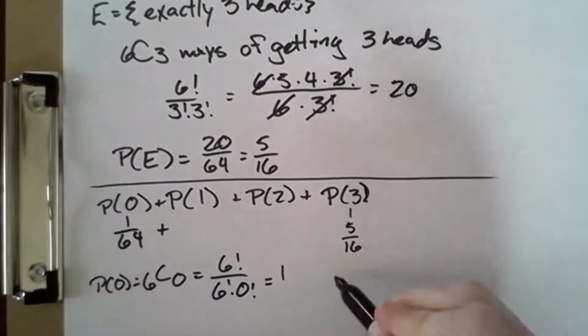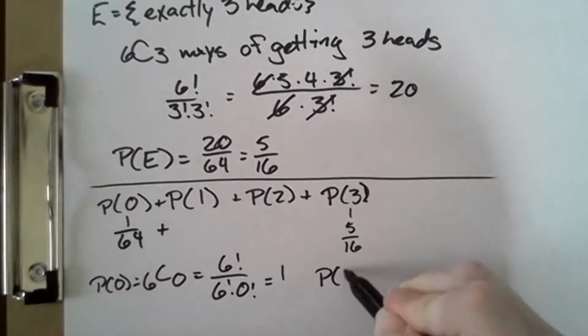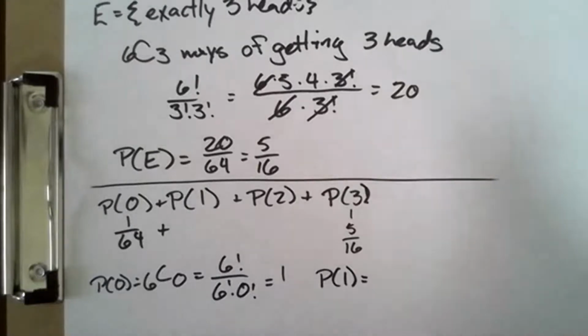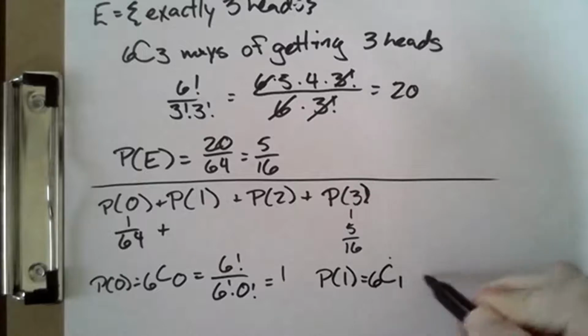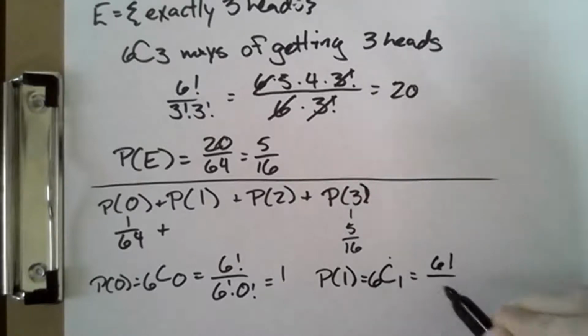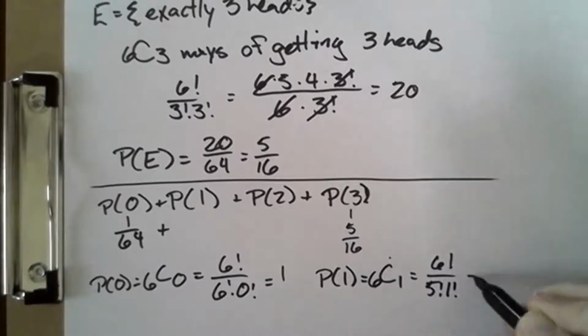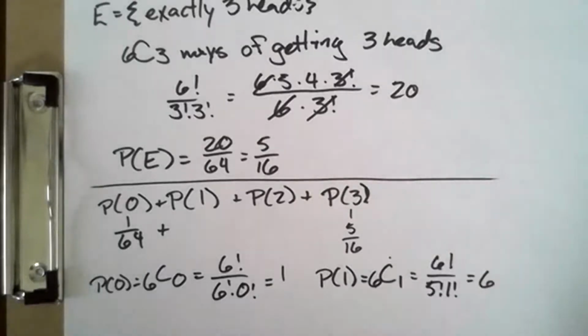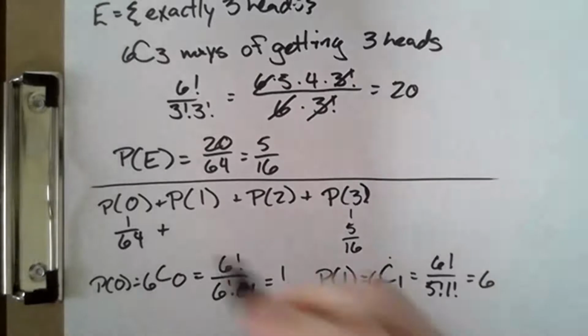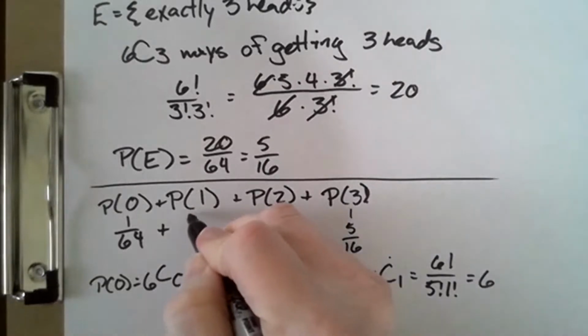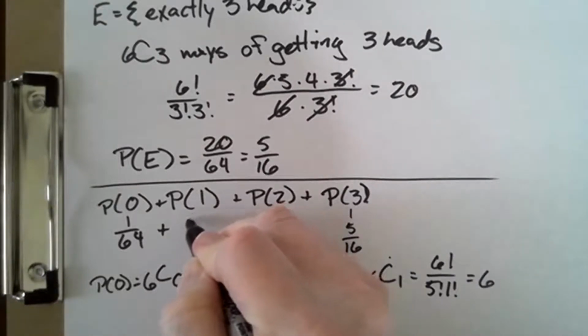The probability of 1 head is 6 choose 1, which is 6 factorial over 5 factorial times 1 factorial, so that's 6. 6 factorial divided by 5 factorial is just 6. So that's 6 over 64, or 3 over 32. I'm going to leave it in terms of 64ths here.